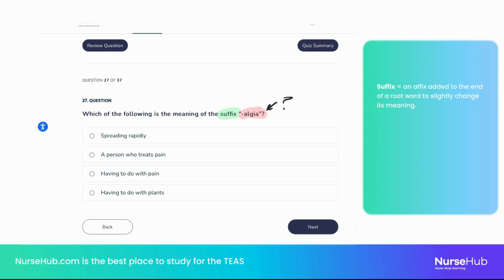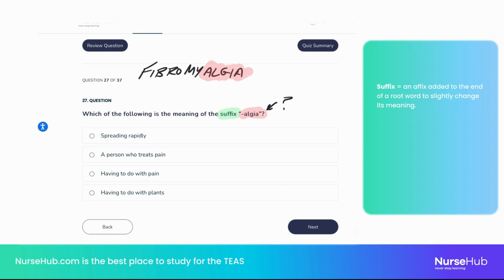But I do watch a lot of television, and I do see a lot of ads for medication helping with fibromyalgia. And I know that fibromyalgia has that same exact suffix.